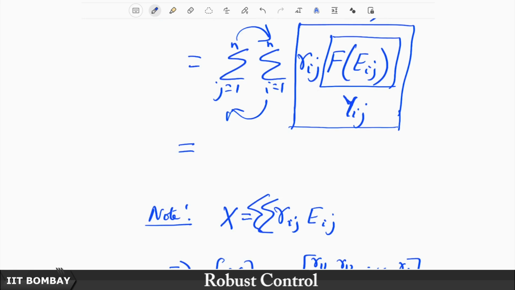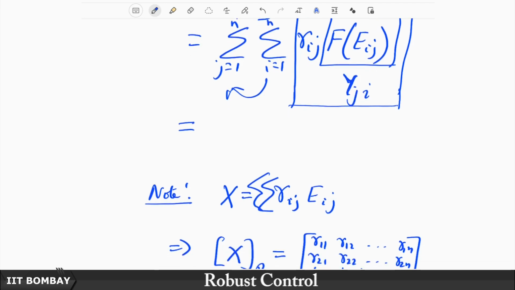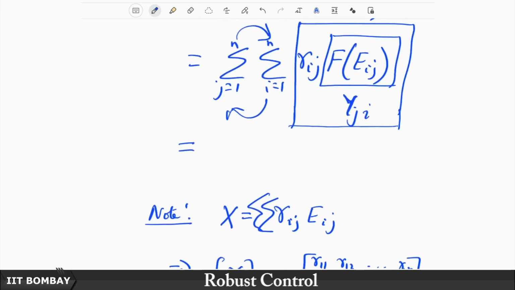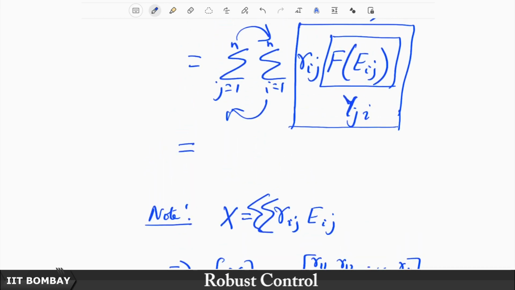So, it really does not matter. Because this is square, I would probably call this Yji. Sorry about that, it is just a little bit of a clever trick that I am employing. Yji is what I would call f of Eij, maybe the only trick that you need in this whole problem.